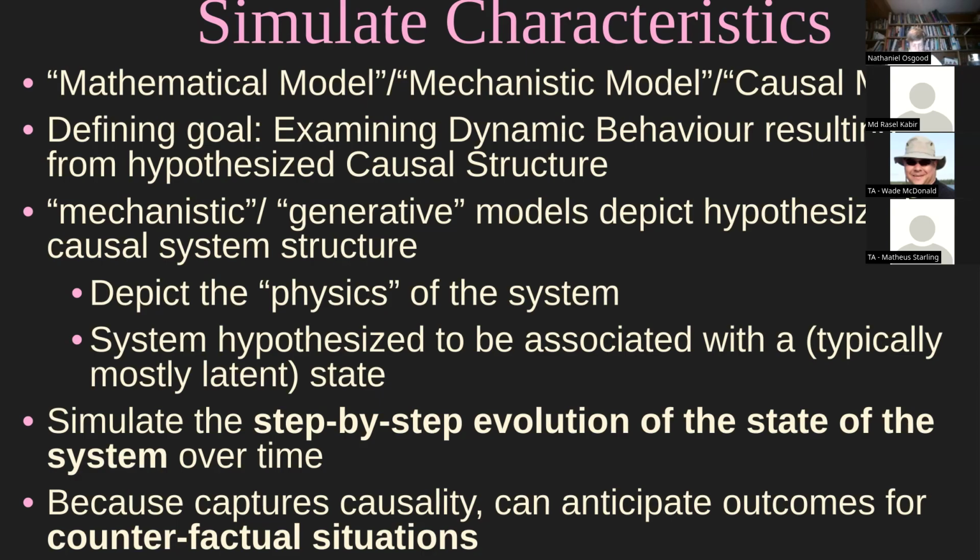Now, partly motivated by some of the questions from earlier, I'll just note that simulation models across traditions, discrete event simulation, system-dynamic simulation, Petri net simulation, agent-based modeling, microsimulation, these go by many names of many particular traditions.